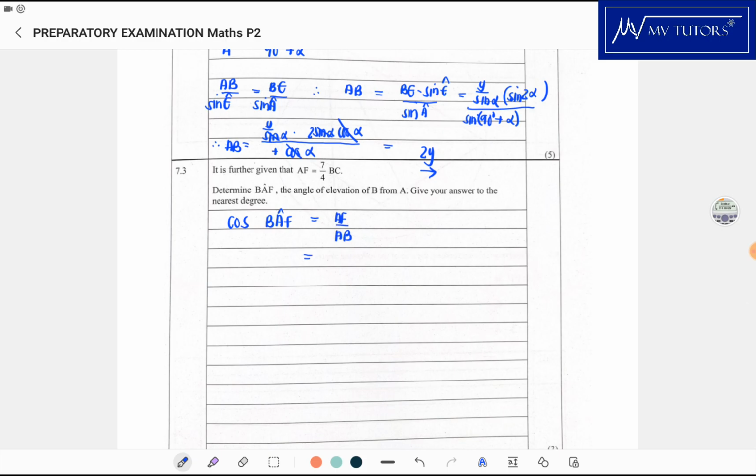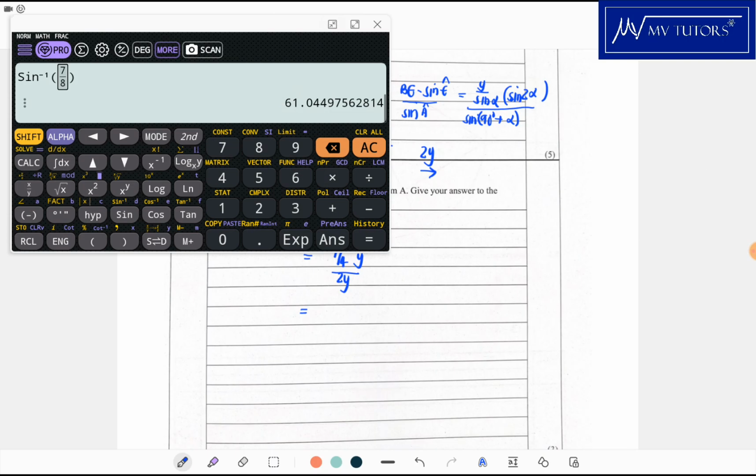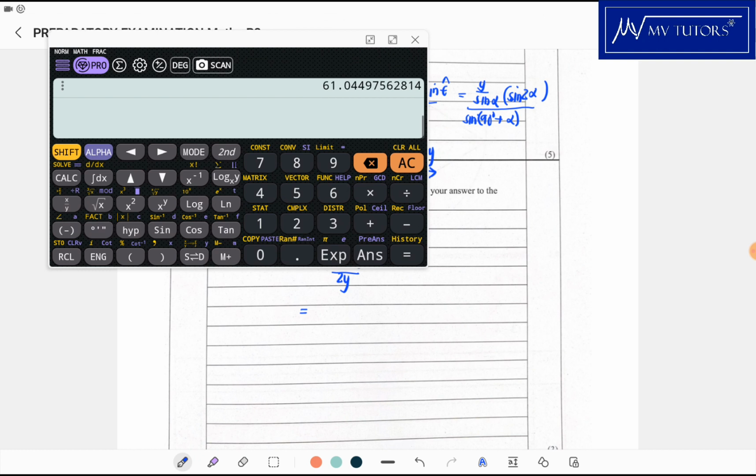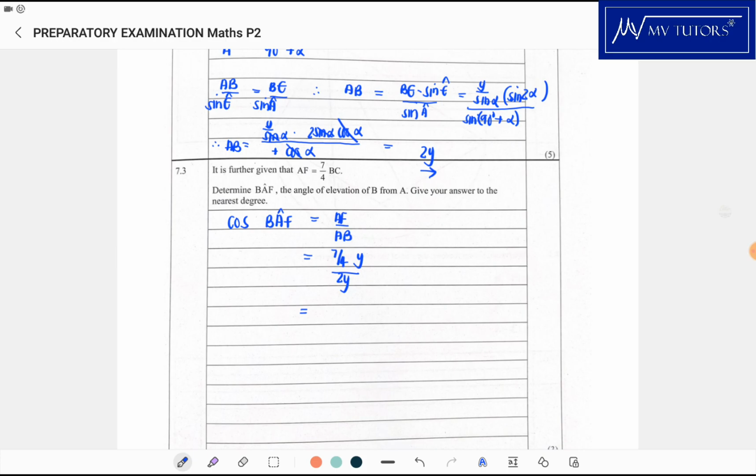We know that AF is 7 over 4 y, and we know that AB, we just solved it, is 2y. So 7 over 4 divided by 2, because the y's will cancel. We have 7 divided by 4 over 2. So we have 7 over 8.